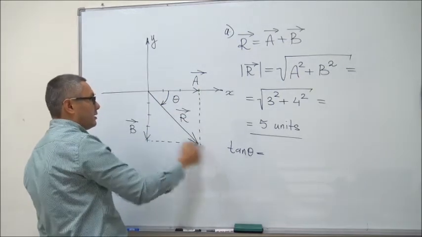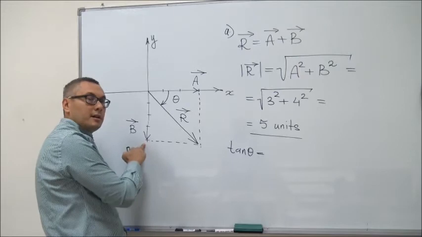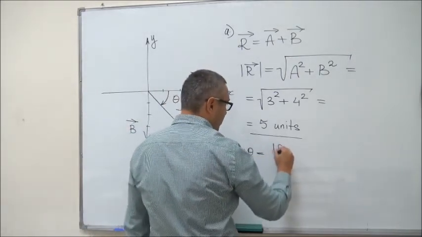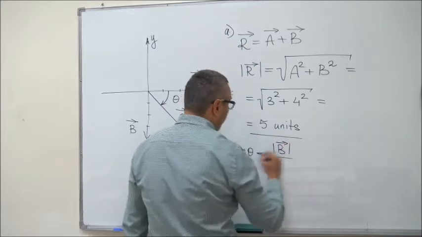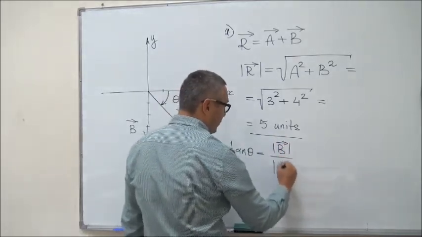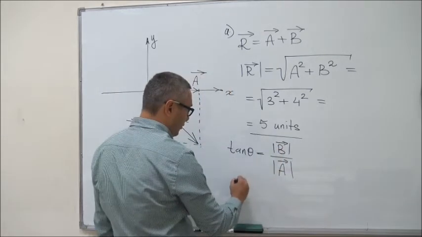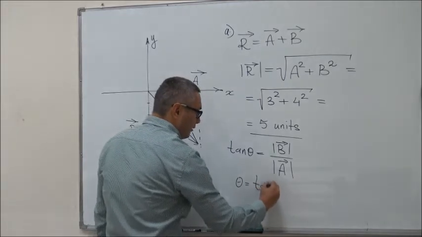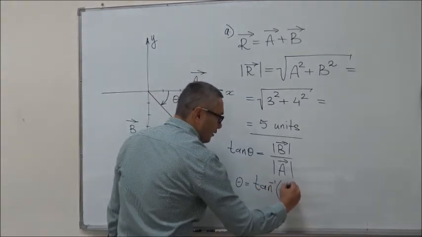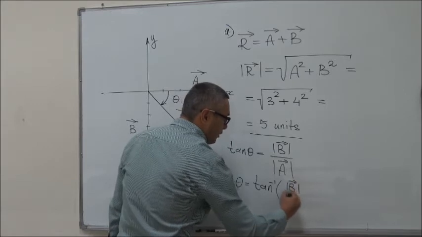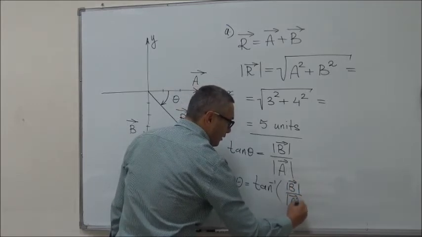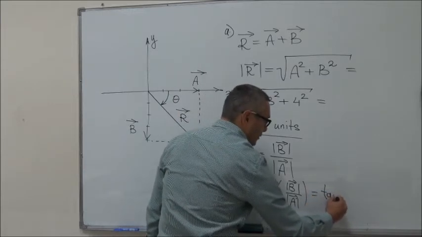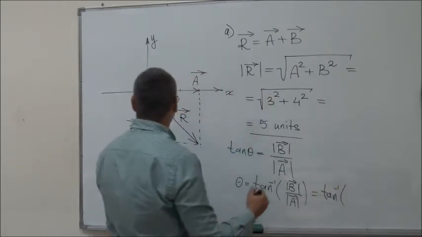So in this case, opposite is the length of this vector B over the length of A vector. So angle theta is equal to tangent inverse of B over the length of A. So this becomes tangent inverse of 4 over 3.